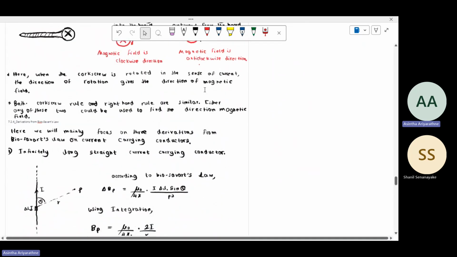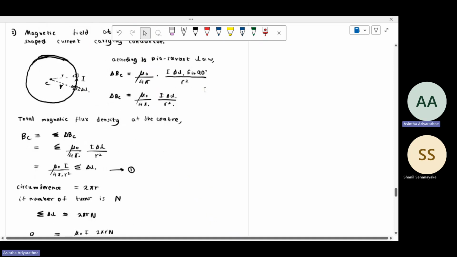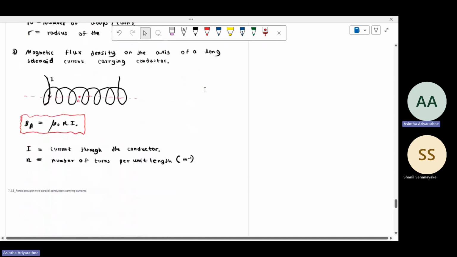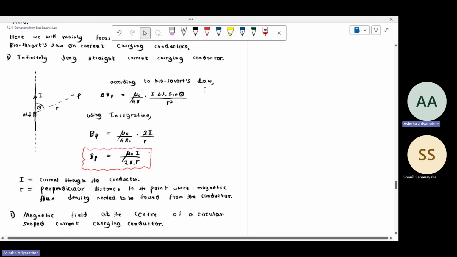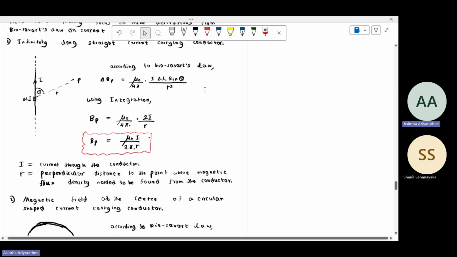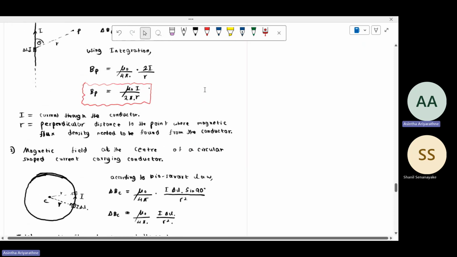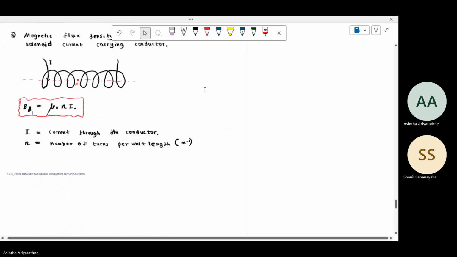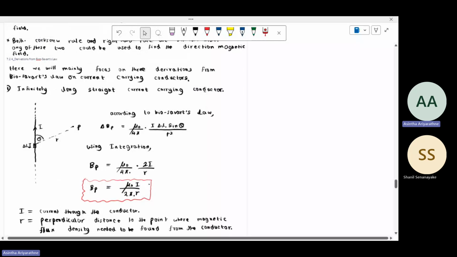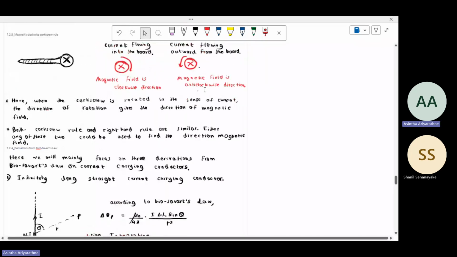So under Biot-Savart law, you have to take all these three applications of Biot-Savart law. Students who are in combined maths can try this. Using integration, you can easily derive this first one. B_P is equal to mu naught I over 2 pi r. Right. So take down this.